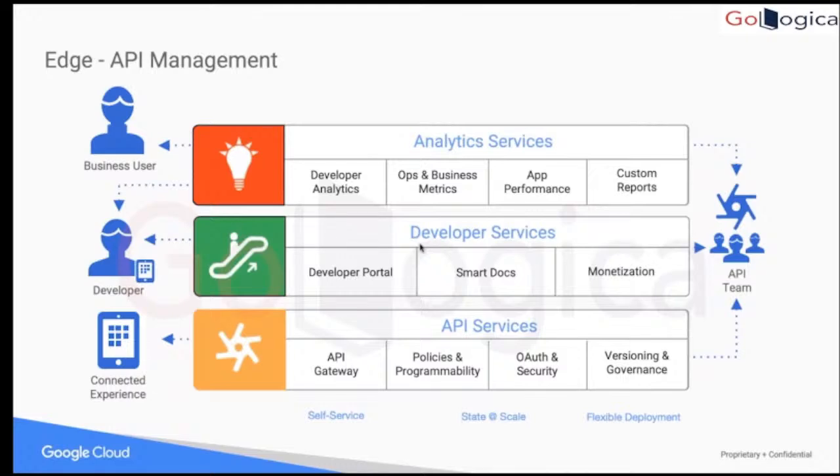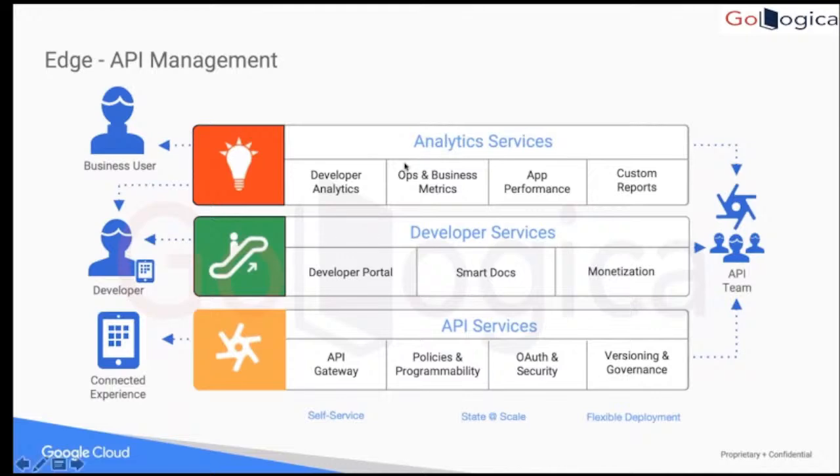They can play around with the sandbox and all those things. So it provides a developer portal, and Apigee has smart docs and monetization. Monetization is used in specific use cases when you want to generate revenue from the API. When the API becomes a way to generate revenue, you can integrate with monetization services. So that is from the developer side.